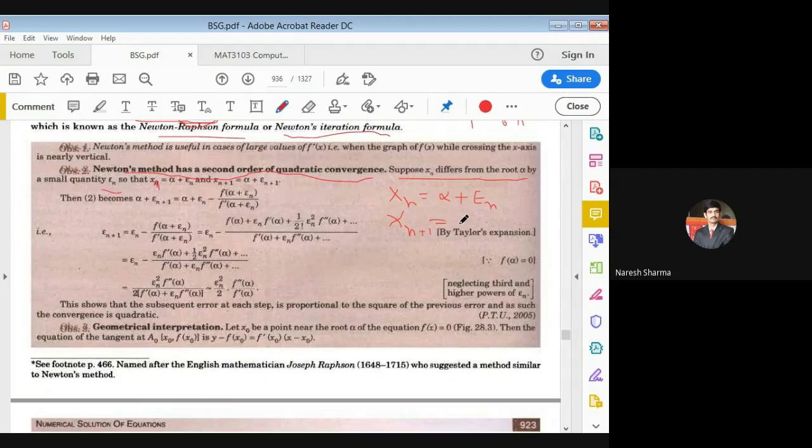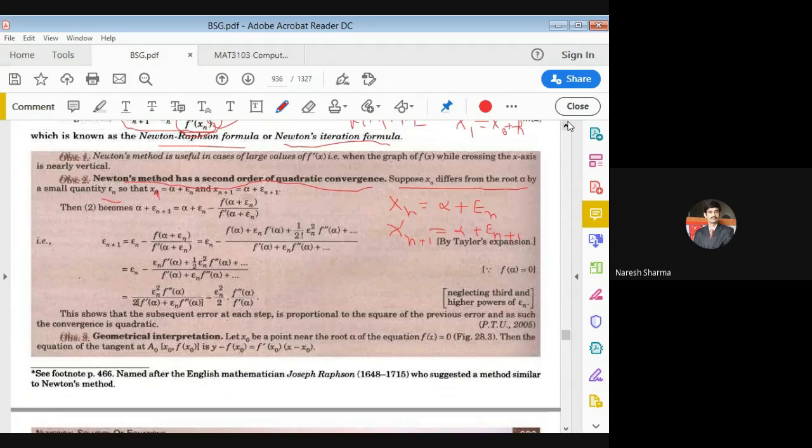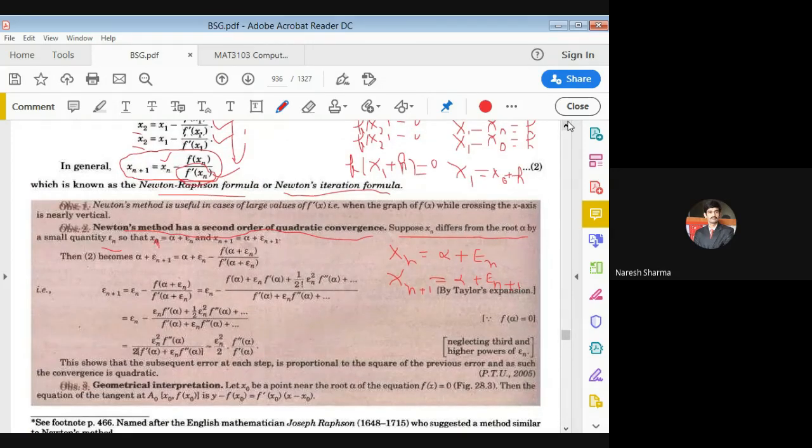with the exact root and some error epsilon n plus 1. So we know that by Newton's formula, your root approximation xn plus 1 is this one.